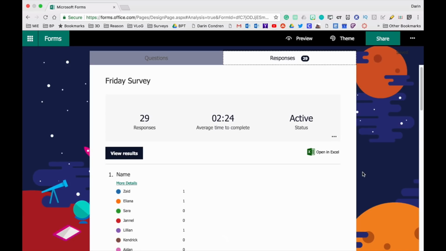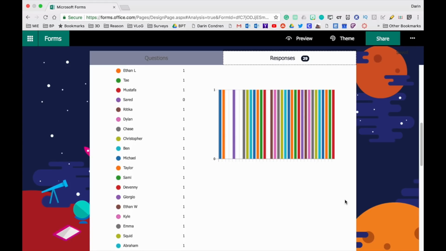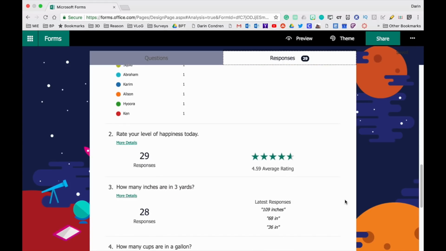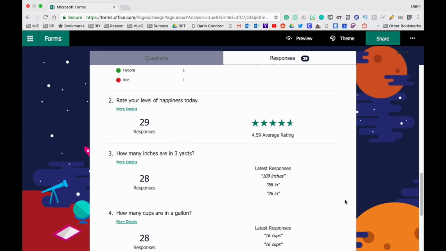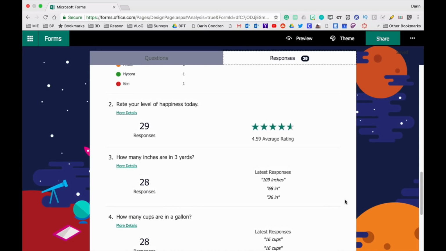Okay, so on this day I had 29 people here, and you can see that I would just go through and look for the people that are not there. That's how I take attendance every day. It's just something I've found that has been so efficient in finding attendance that I use it all the time.